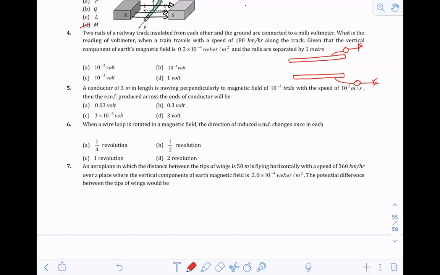Because the voltmeter is deflecting, it means a little bit of current should pass, then only the reading will be there. Now, if it is connected to ground, will it show you the reading? First, I'm asking that. Yes or no?